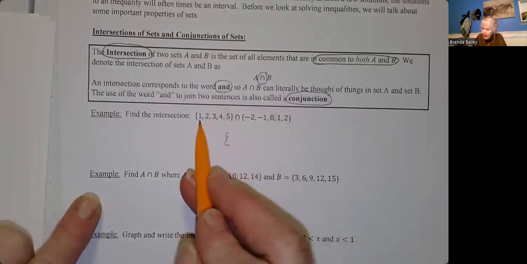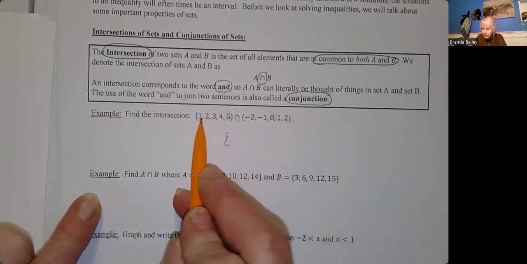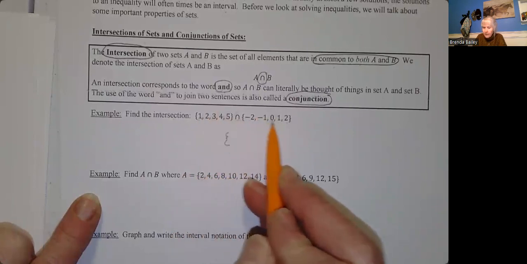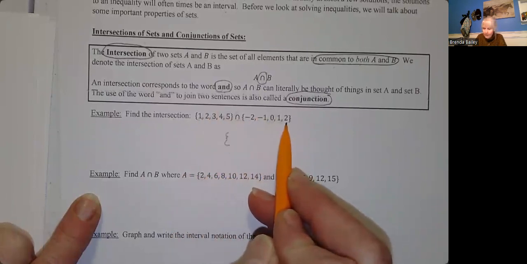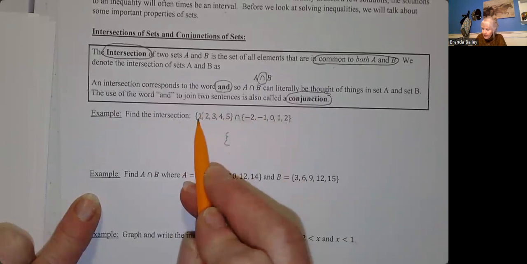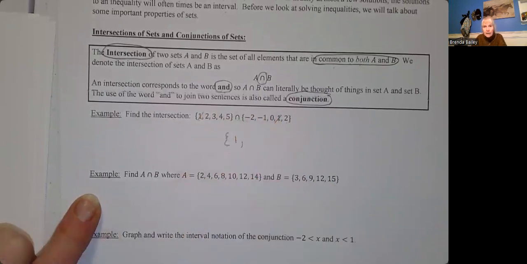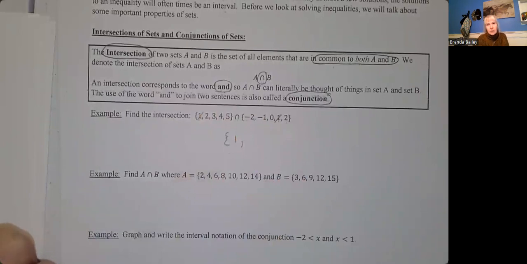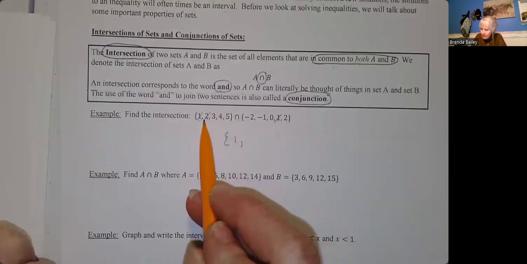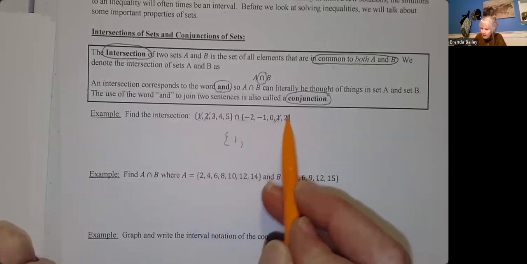All right, so here we have the number 1 in this set. Is there a number 1 in this set? Because we're looking for numbers that are the same. Here's a 1 and there's a 1. So yes, 1 is in the solution because it's in common to both sets. 2 is in this set, and 2 is in this set.